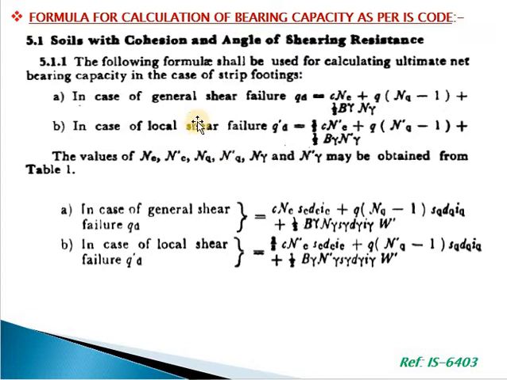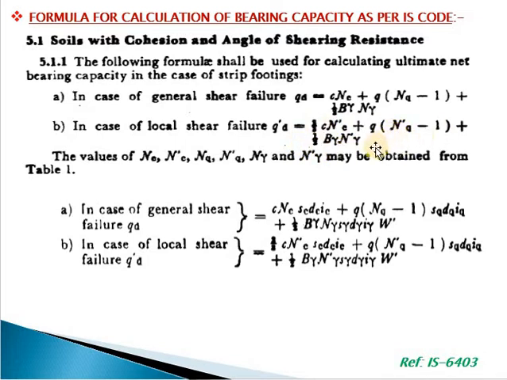In another video, I will discuss what general shear failure and local shear failure are. From the general shear failure point of view, the ultimate bearing capacity qu is equal to cNc plus q(Nq minus 1) plus half B gamma N gamma. This is the formula for calculation of the ultimate bearing capacity in general shear failure.